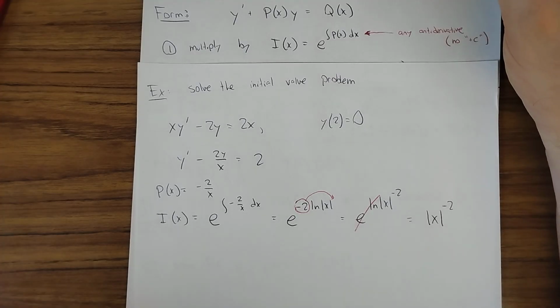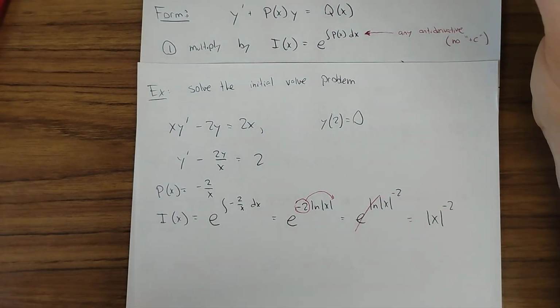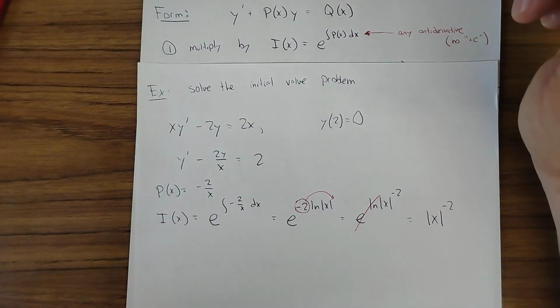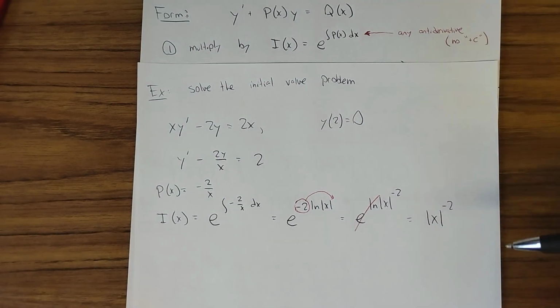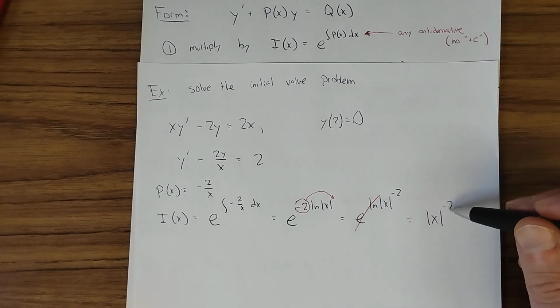One more thing, we don't like absolute values. They come up all the time, especially when you find natural log of absolute value of something, that comes up all the time in calculus, but we don't like it. So as soon as I see an absolute value, I'm looking for excuses to get rid of it. And I see that this is raised to an even power.